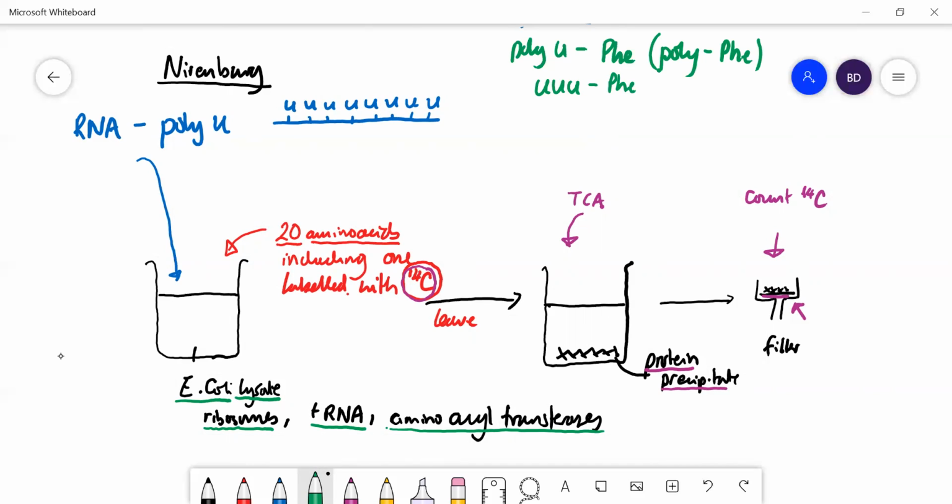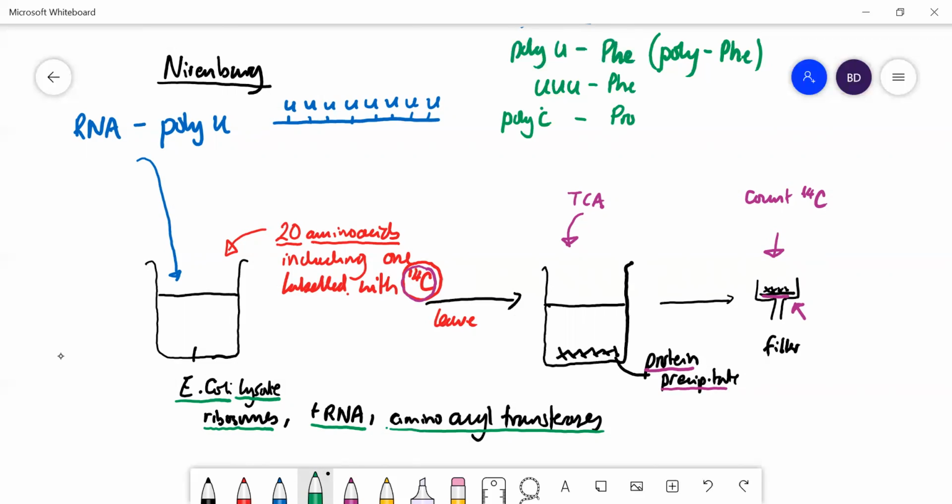Obviously after doing that, the next thing to do was to repeat the experiment, and they could only make RNAs with one base in them. So then they did it with poly-C. With poly-C, the amino acid incorporated was proline.